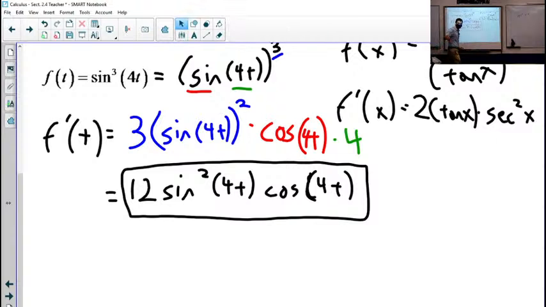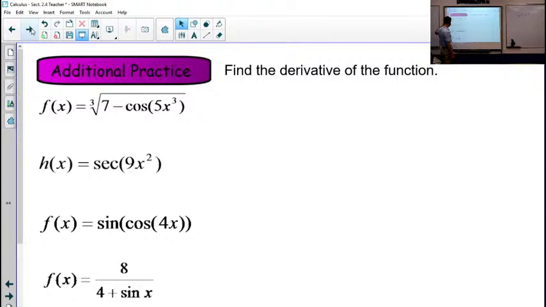So we're building from the outermost to the innermost. Let's do 2 more of these, where we have a chain rule nested inside of another chain rule.